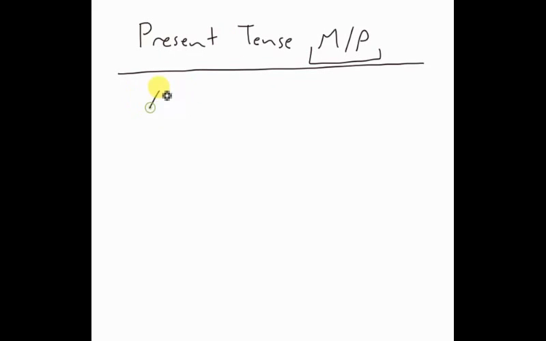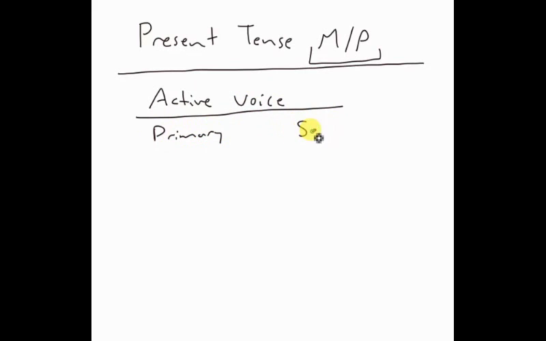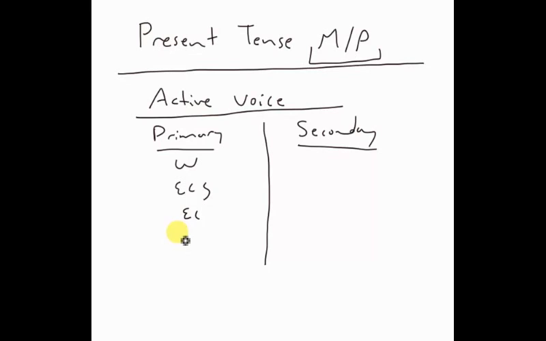So in the active voice, our different kinds of endings are the primary endings and the secondary endings. The primary endings are o, is, i, ume, ete, un.